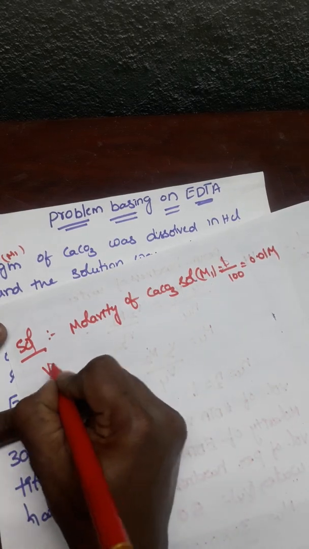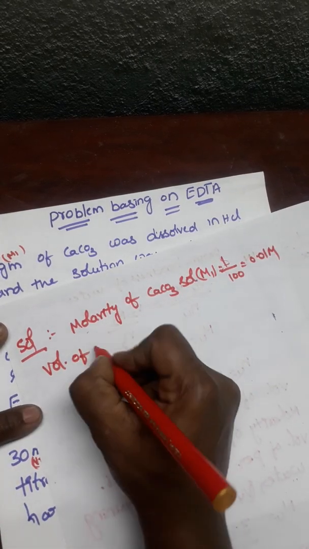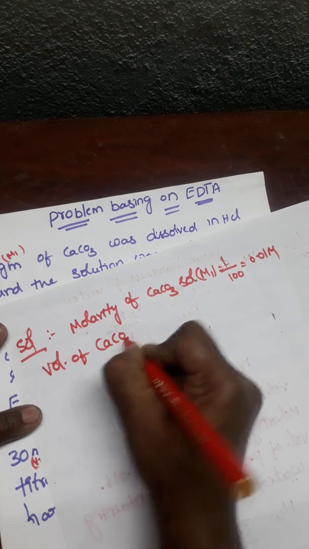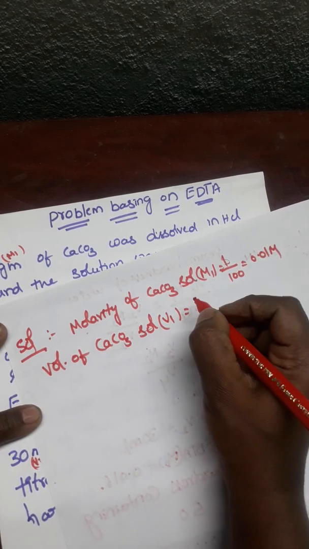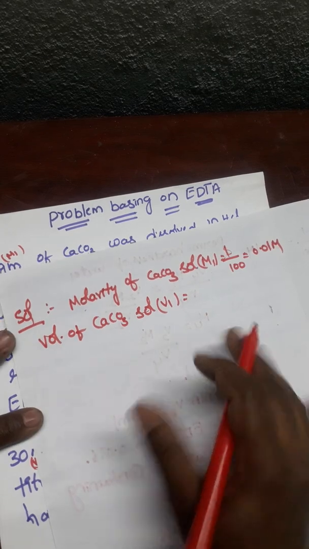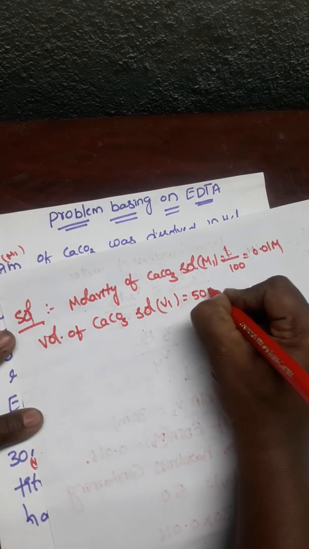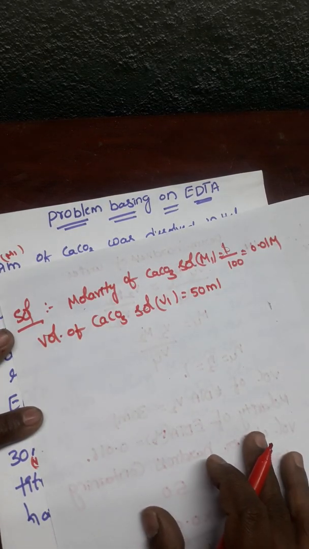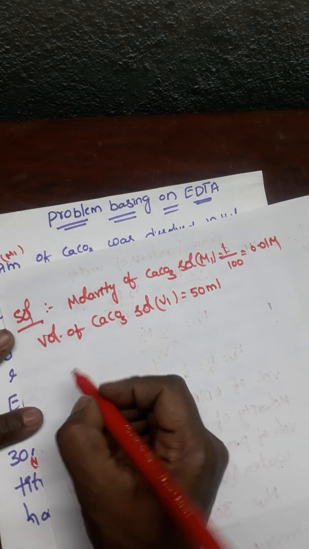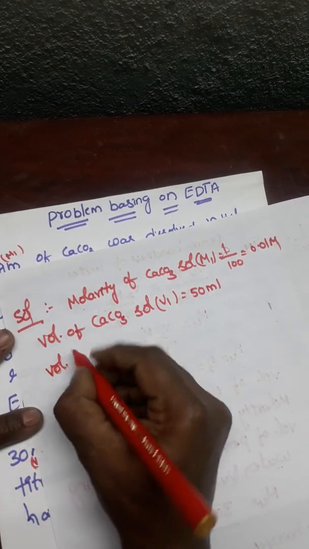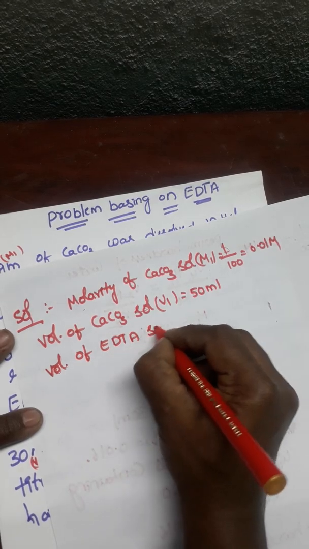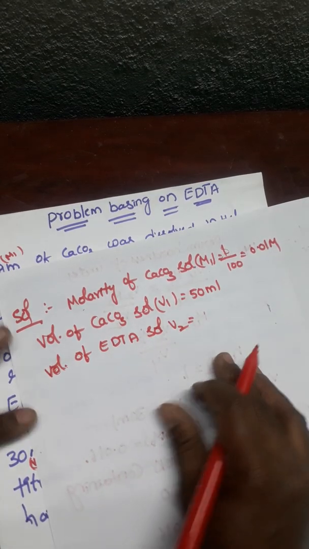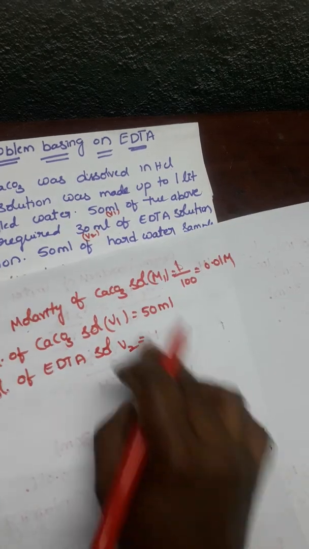Next, volume of CaCO3 solution, that is V1, is equal to 50 ml. Next, volume of EDTA solution, that is V2, is equal to 30 ml.